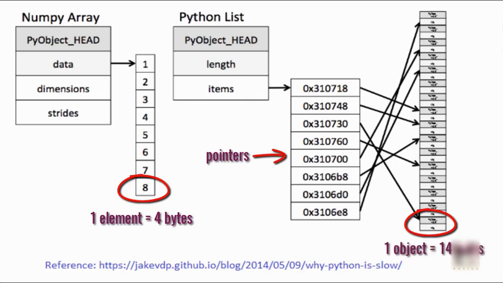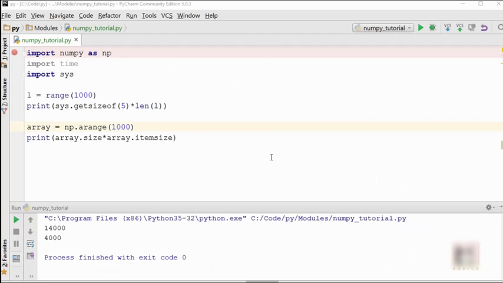So this is the reason why numpy array, the memory usage is very less compared to a plain Python list. Now when your array size or list size is very small, you won't notice much difference, but let's say you are dealing with heavy amount of data where you have millions and billions of numbers to process, in that case it will make sense to use NumPy.